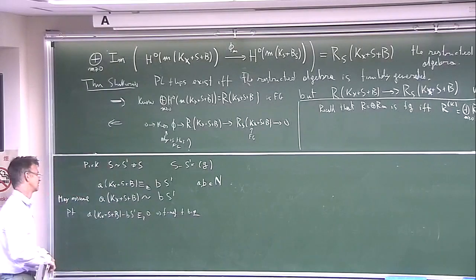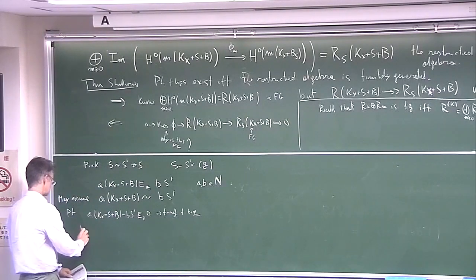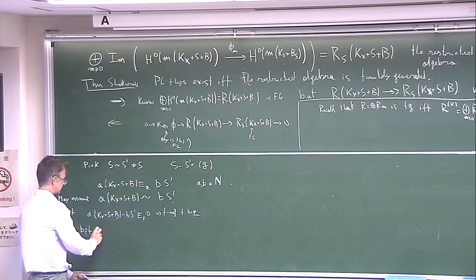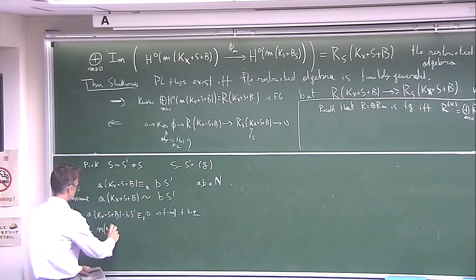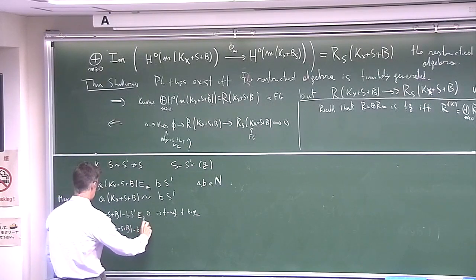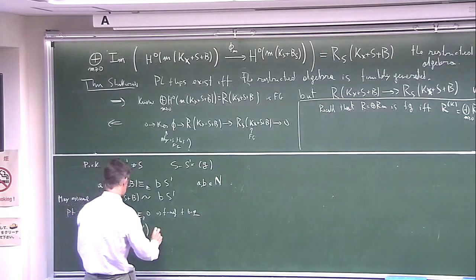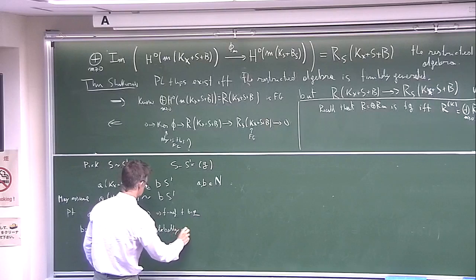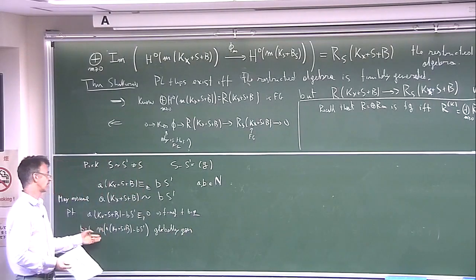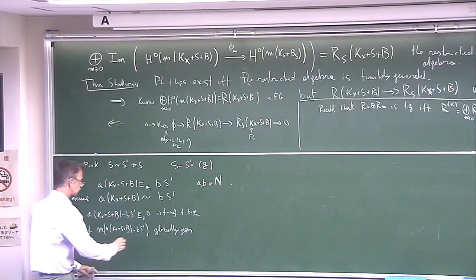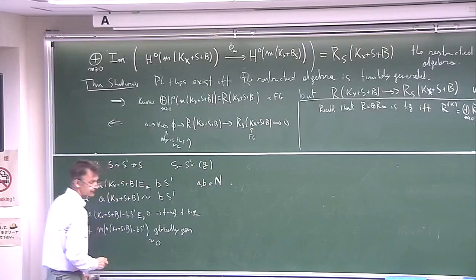So this is counterintuitive. Then the base point free theorem says that some multiple of this, let's say m times the whole thing, A(K_X + S) plus B minus BS prime, is globally generated. But if you have a divisor which is numerically equivalent to 0 and globally generated, there's only one conclusion: it has to be linearly equivalent to 0.